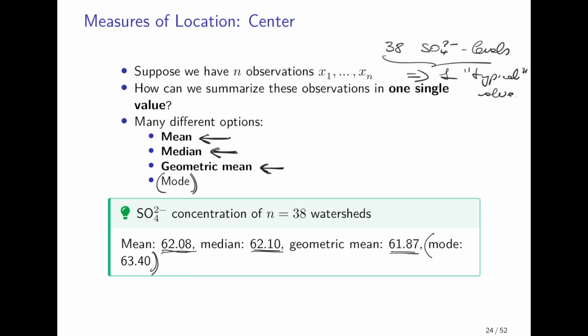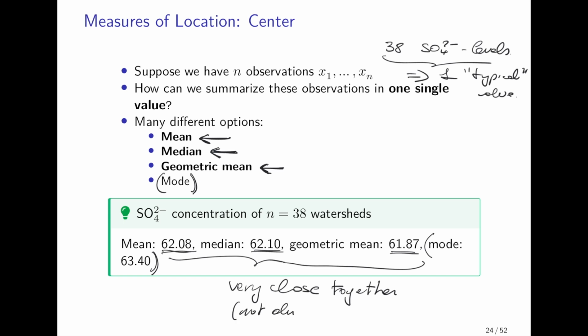And what you see here is that these values are all very close together. This is a consequence of the fact that the distribution of sulfate is nicely symmetric, but that's not always the case. We will see some examples, for example, the chloride variable, where that will not be the case.